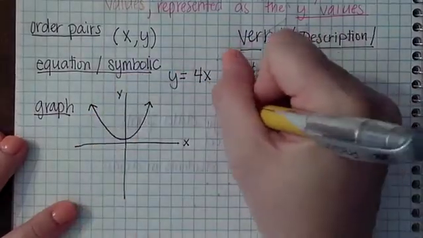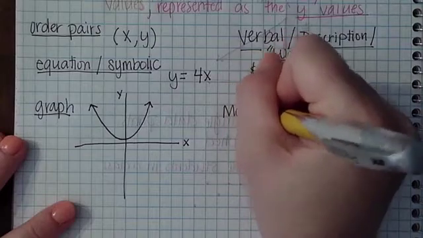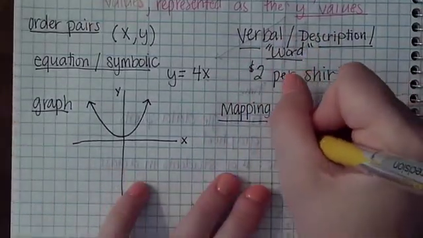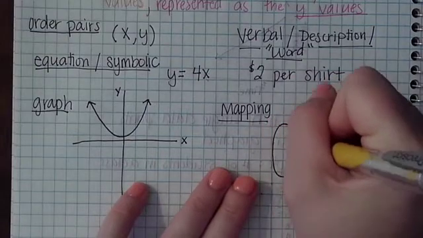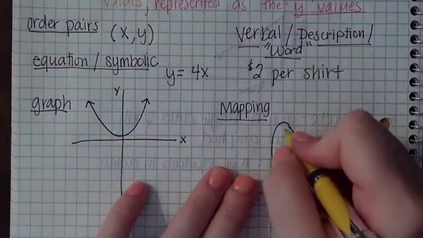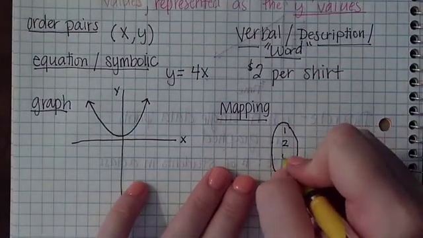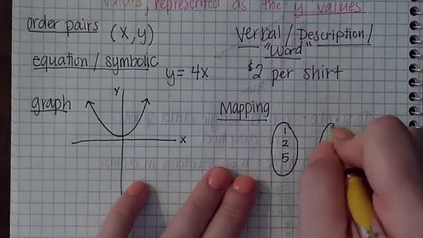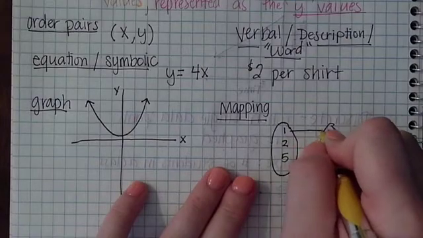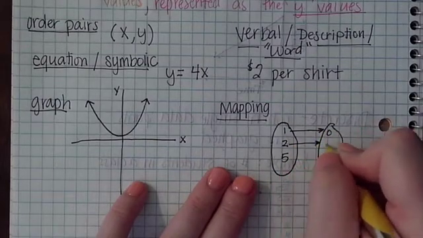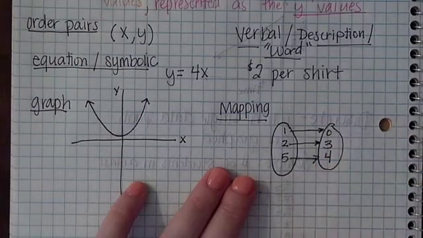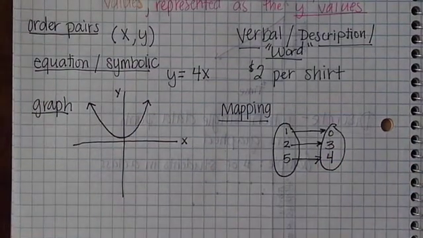Okay, we had the mapping, where you'll see it with arrows. So you might have 1, 2, 5, and then over here you might have 0, 3, 4. Those are just random numbers that I made up.